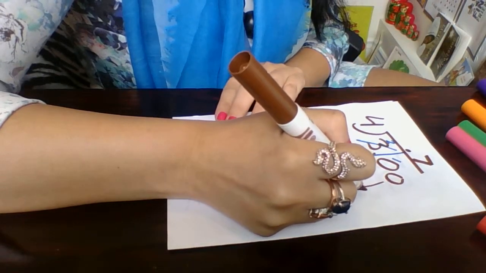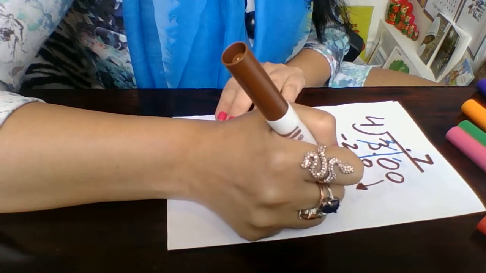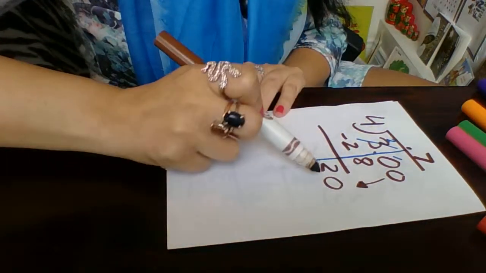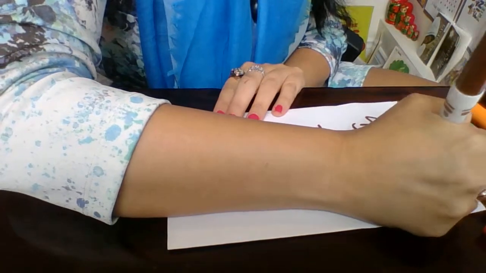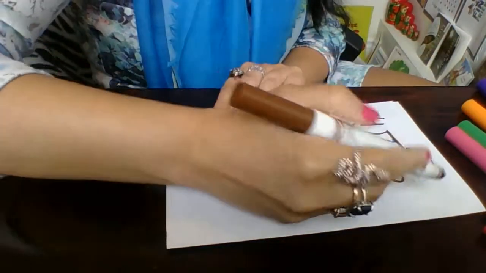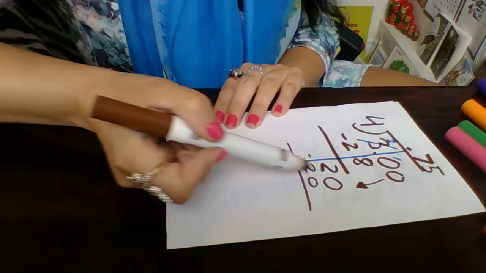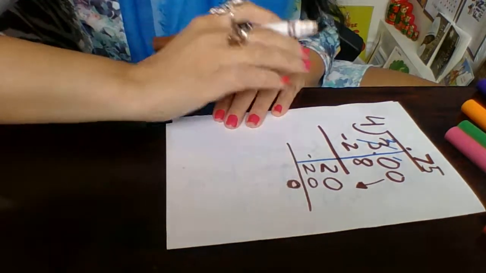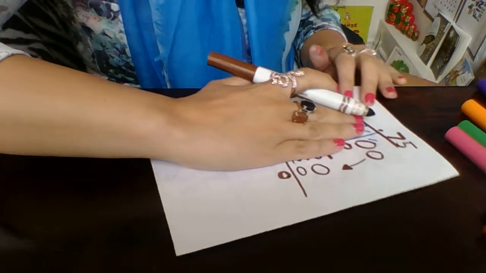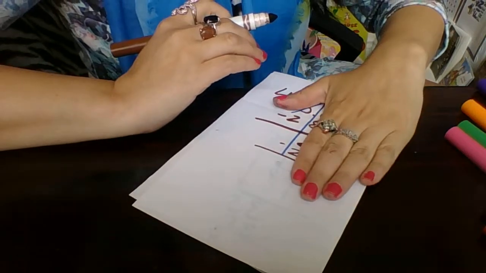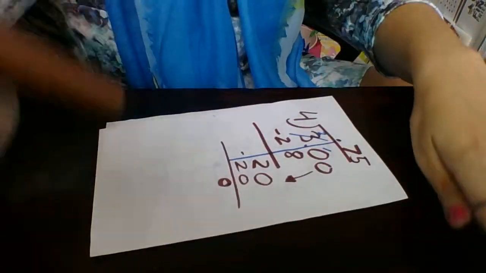Bring down the next number. 4 goes into 20 5 times. 4 times 5 equals 20. I subtract. 20 minus 20 equals 0. 0 minus 0 equals 0. 2 minus 2 equals 0.